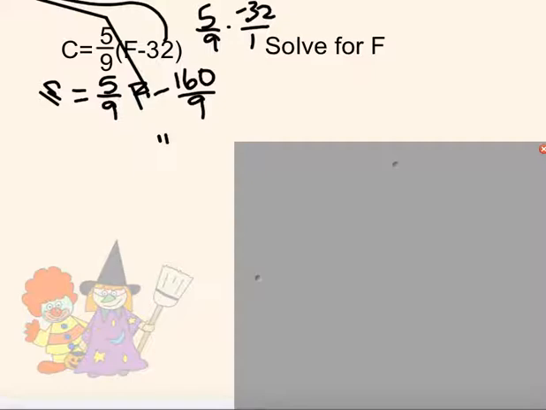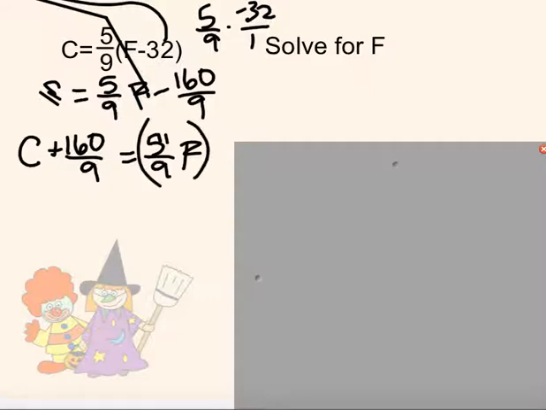Now to get F by itself, I add 160 over 9 to each side to get C plus 160 over 9 equals 5/9 F. And then to get rid of this 5/9, I can divide by it, or the same thing as multiplying by the reciprocal, 9 over 5.